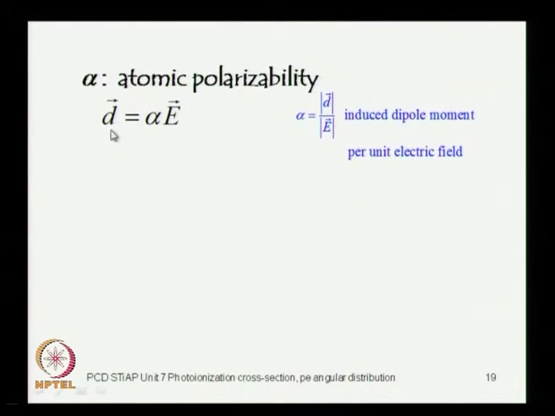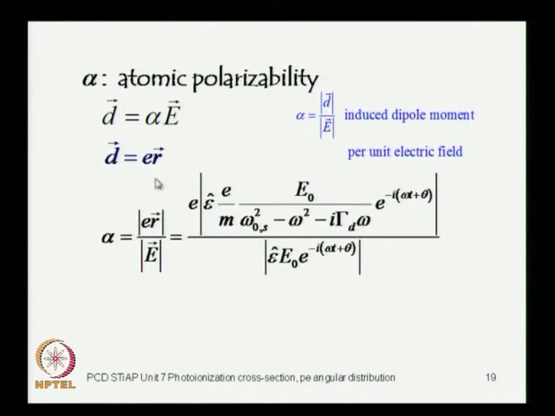So, the dipole moment is proportional to the electric intensity, and the proportionality is given by what we call the atomic polarizability. Now, we also know that the dipole moment is charge times displacement, e into r. So, these two are related, they both describe the dipole moment.